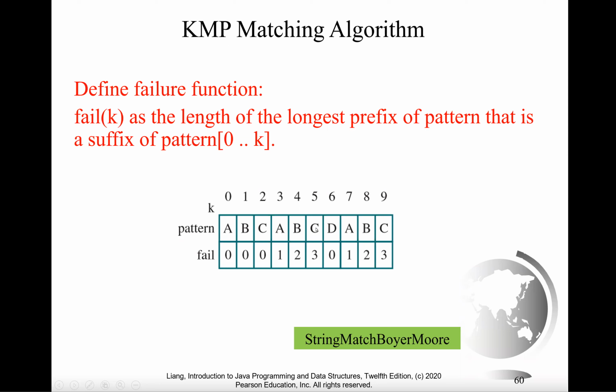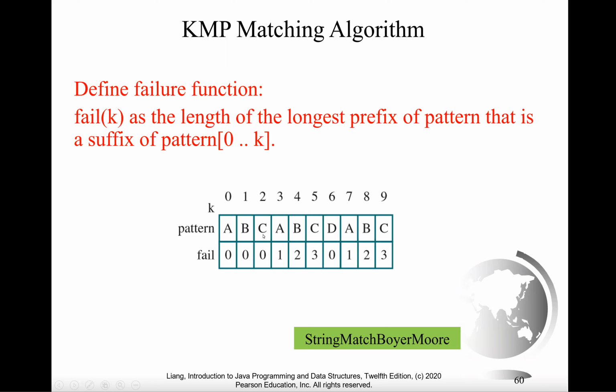For example, this is C at index 5. So fail 5 is 3, because this suffix ABC matches the prefix ABC, the longest. This B at index 4, fail 4 is 2, because AB matches AB right here.